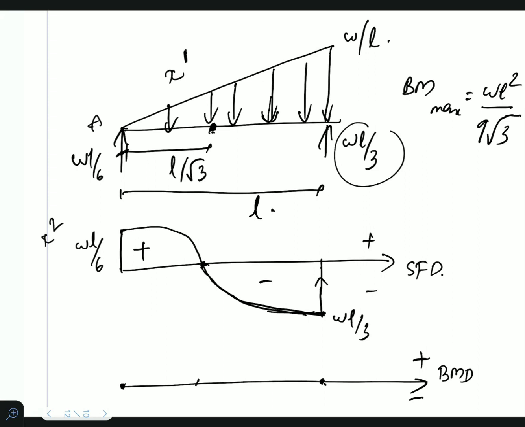At this particular point, we have a maximum value of WL square by 9 root 3, which we have already found out, and this will be like a cubic parabola, like this. Like this we will draw. Okay, this value is WL square by 9 root 3. This will be positive.